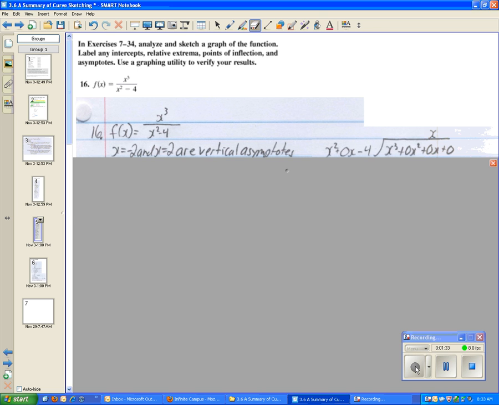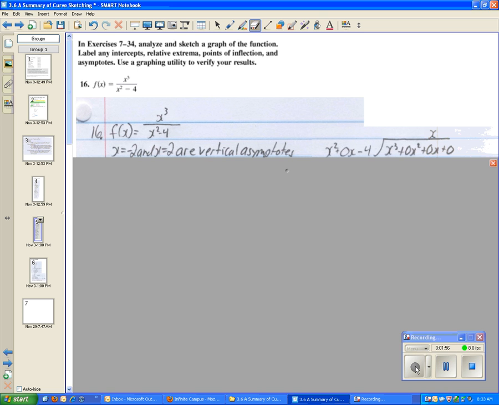So you have to hold the places. Your divisor is x squared minus 4, but you have to hold a 0 for the x place. And your dividend is just x cubed, but you have to hold a 0 for the x squared place, a 0 for the x place, and a 0 for the constant place.